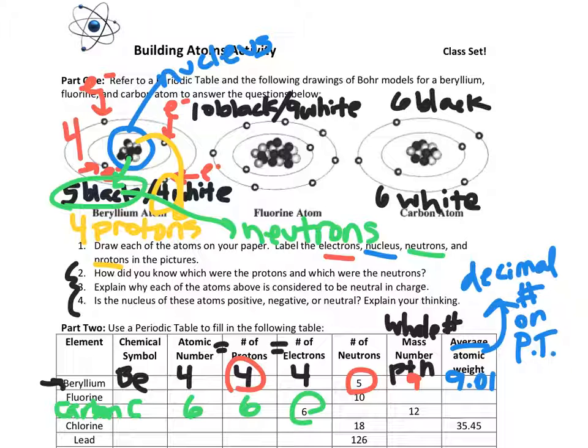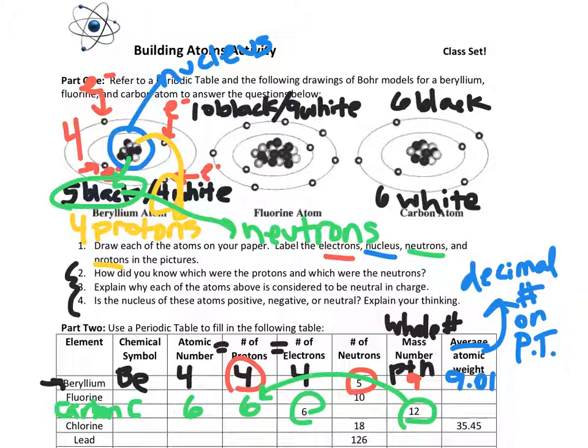All right, now for some of them, you're going to have to figure out the number of neutrons. And if you remember, we talked about it in the gizmo, and I believe your notes also talked about it. Remember, the mass always comes from the nucleus. So the protons and the neutrons in the nucleus are giving the mass. So to get the number of neutrons, you're going to take the mass number and subtract the number of protons.